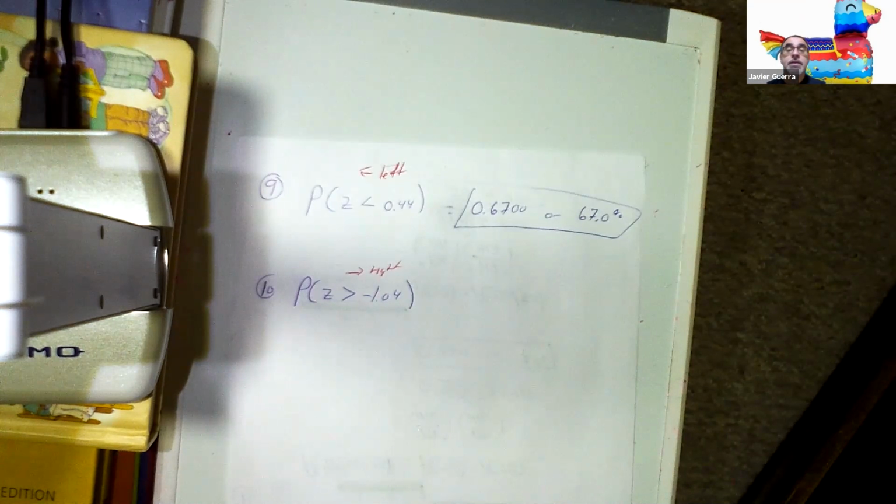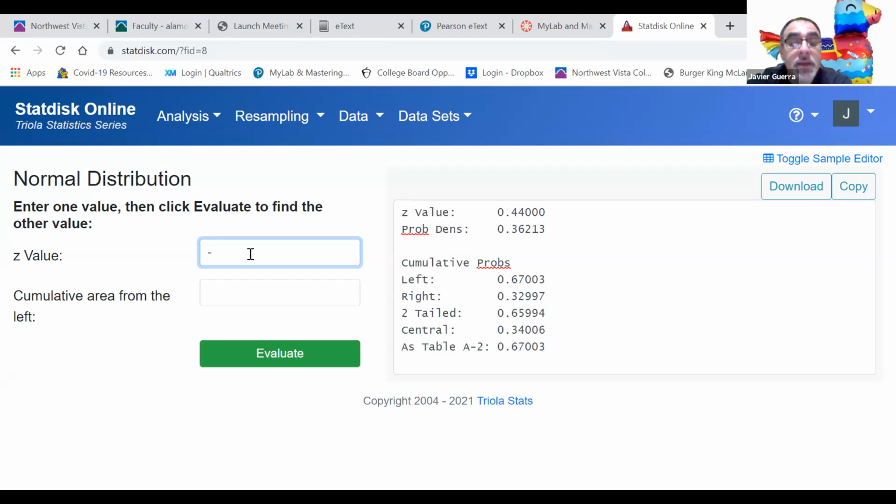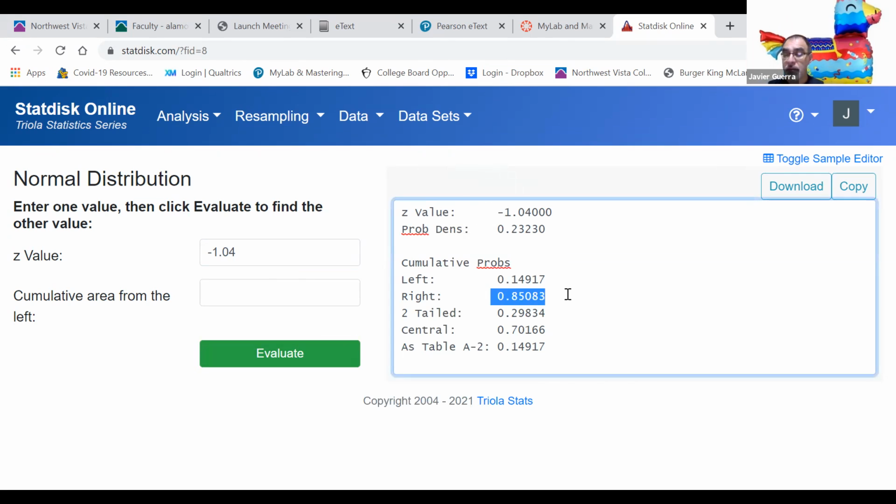So I'm going to put that number, negative 1.04, into my StatDisk and I want to get the right area. The white. 0.8508, or 85.08%.